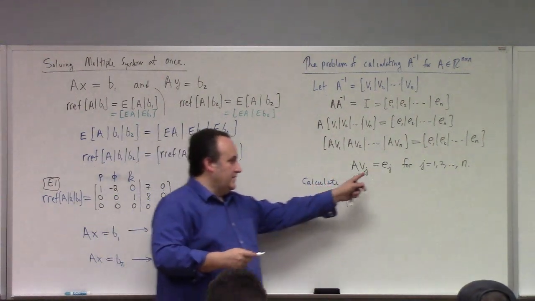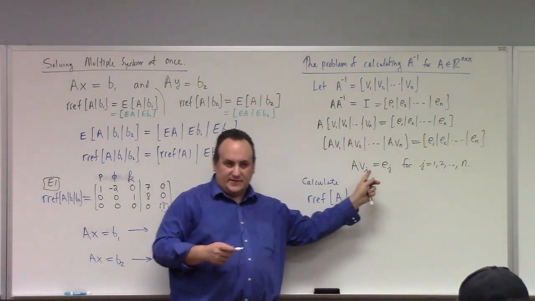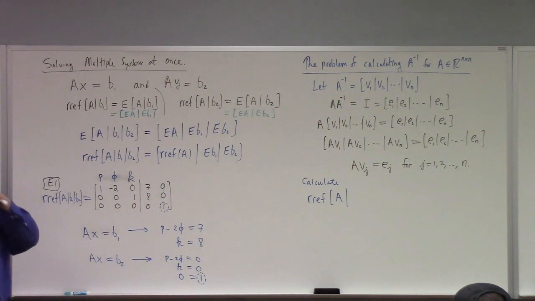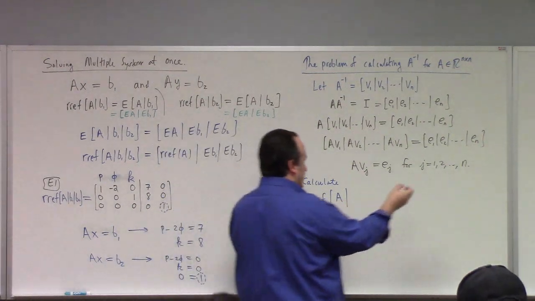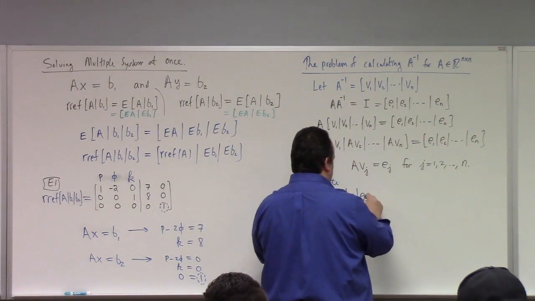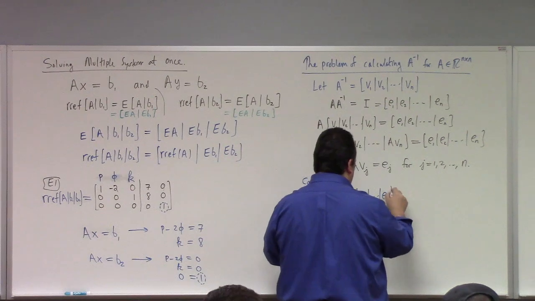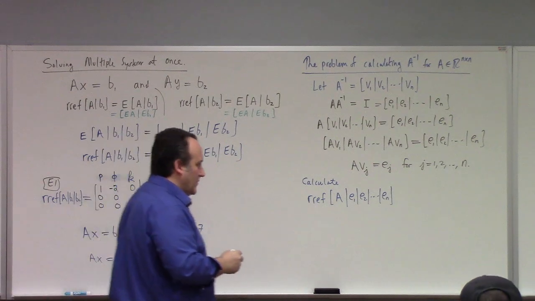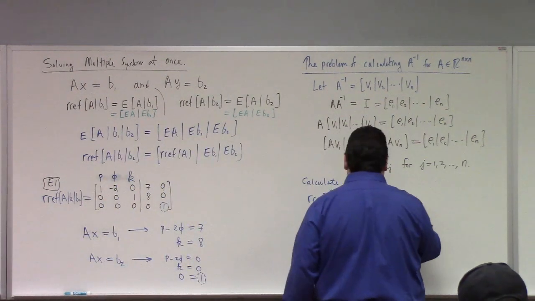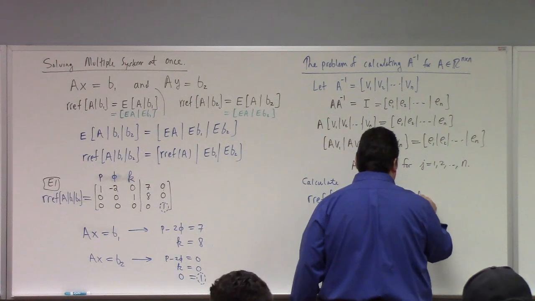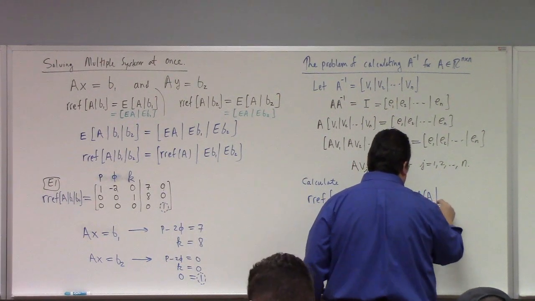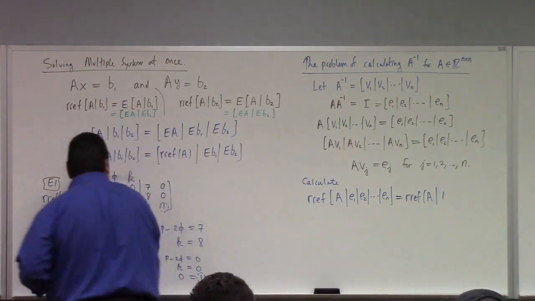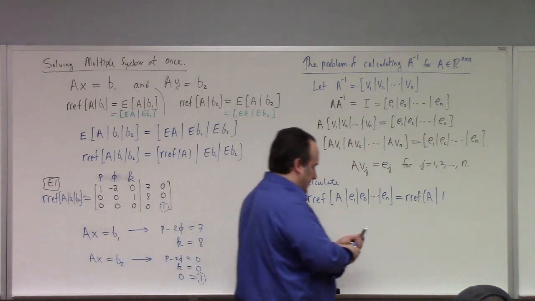These are my inhomogeneous terms, the B's I'm trying to solve for. My first one is E1, my second is E2, and so forth all the way out to En. In other words, we're calculating the reduced row echelon form of the matrix concatenated with the identity matrix, right?